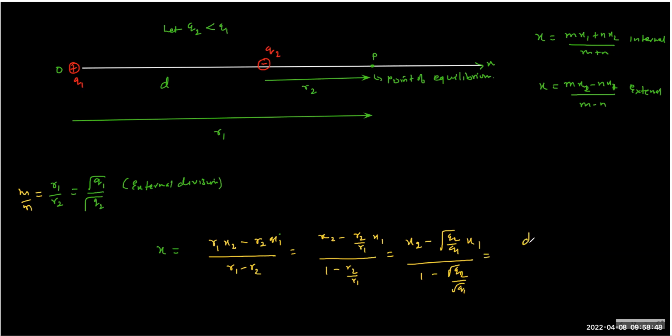X2 is d. So d minus, x1 is 0, so this is 0. So this is the meaningful answer, d upon 1 minus root q2 by q1. Okay, fine.